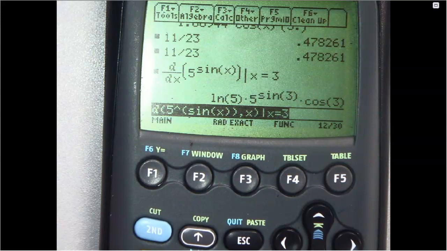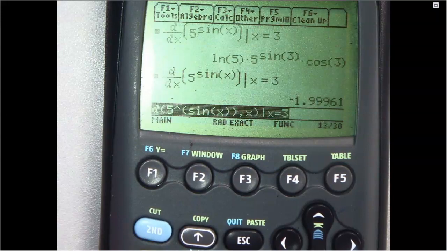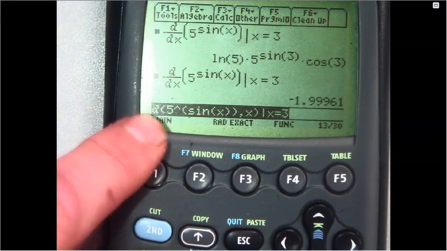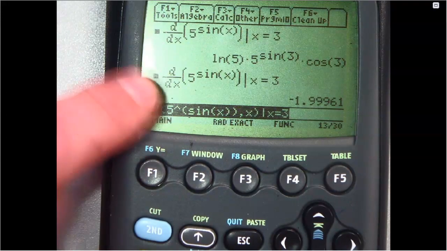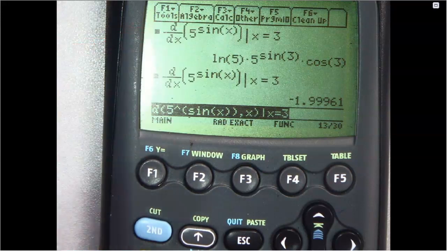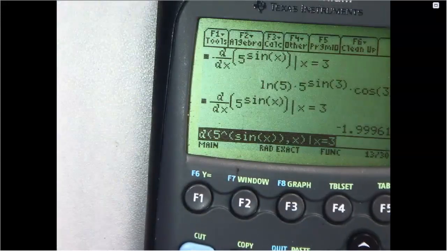I did not know this, but if you hit diamond enter, it takes it out of exact for you and gives you the decimal. That's really cool. Thanks, Lex. So sometimes it's already set up in approximate. But if it's set up in exact, then you can go diamond enter.